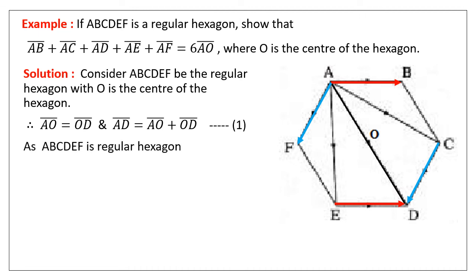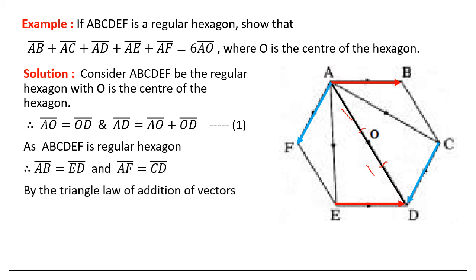Now from the figure, students see AO equals OD. Therefore, AD equals AO plus OD. Call it 1. As ABCDEF is a regular hexagon, student, we have AB bar equals ED bar and also AF bar equals CD bar.